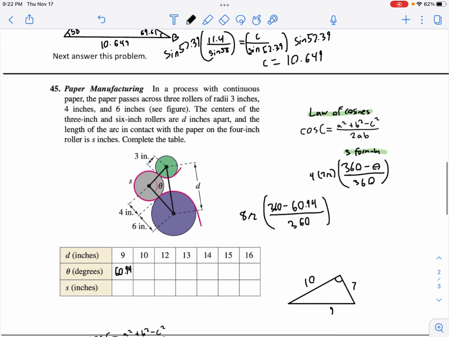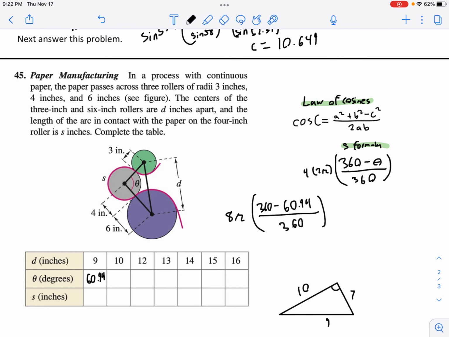And that's really it. So we plug that into the calculator. It's going to take a little minute. Yeah, it's trying to find.